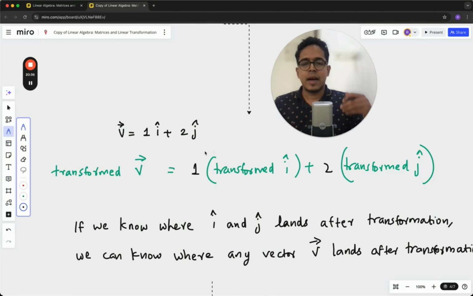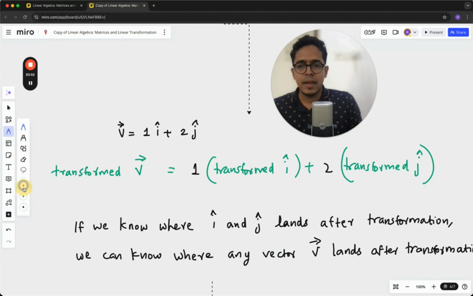And if I and j become I1 and j1, then all we need to do is keep track of that transformation, see what happens to I and j, and just apply the same scaling factor, whatever I and j originally had, to the transformed I and transformed j.